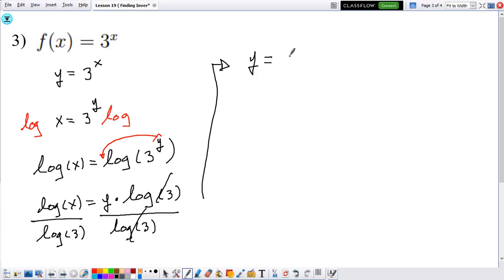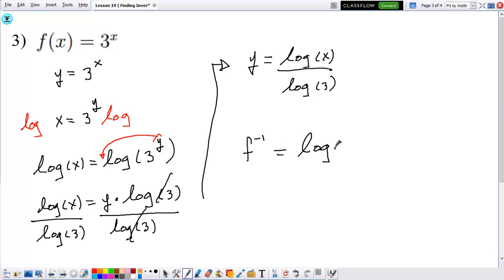So y equals log of x over log of 3. But remember that we need to use the correct notation. So now we're just going to write it as the following. And we're done.